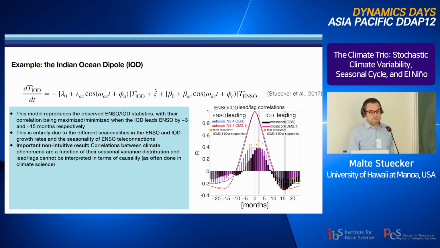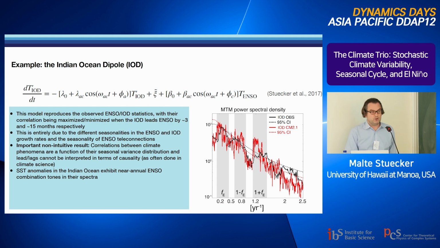Of course, we know correlation doesn't mean causation, but I think a lot of people are tempted, if they see leads or lags, to infer causality. You cannot do this, because if you distribute your variance differently in the calendar year with these interannual modes, you automatically get leads and lags, but they don't tell you anything about causality.